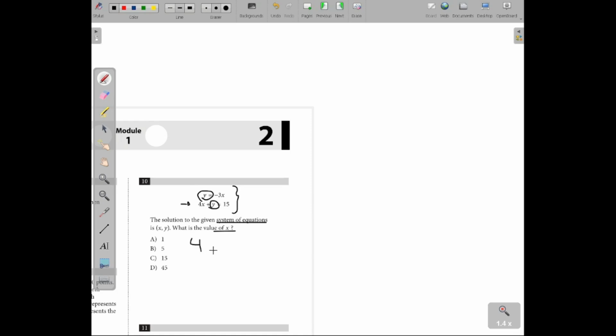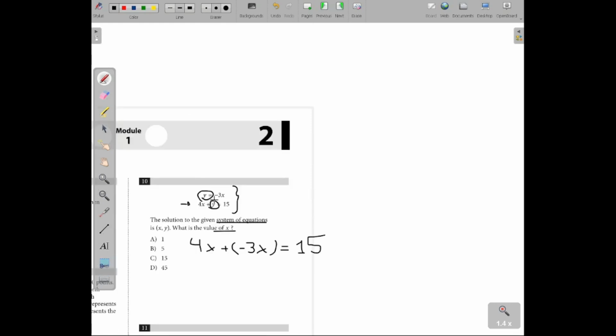For x plus y is equal to minus 3x, which is equal to 15.